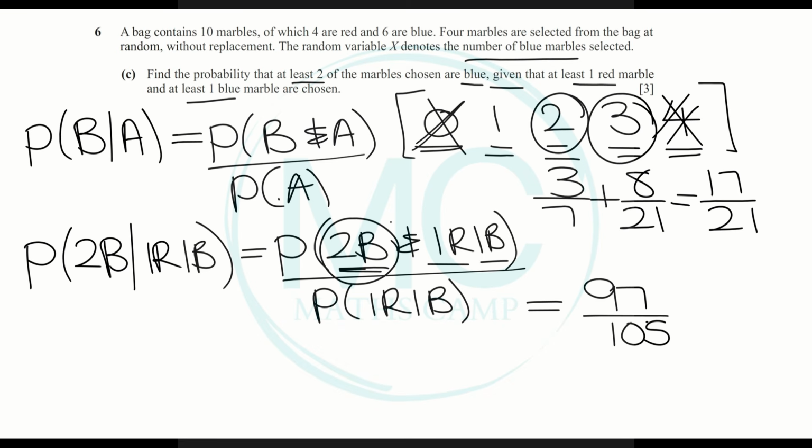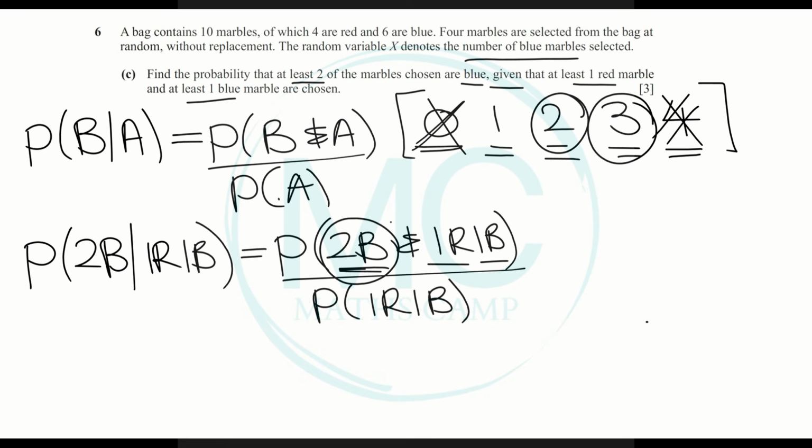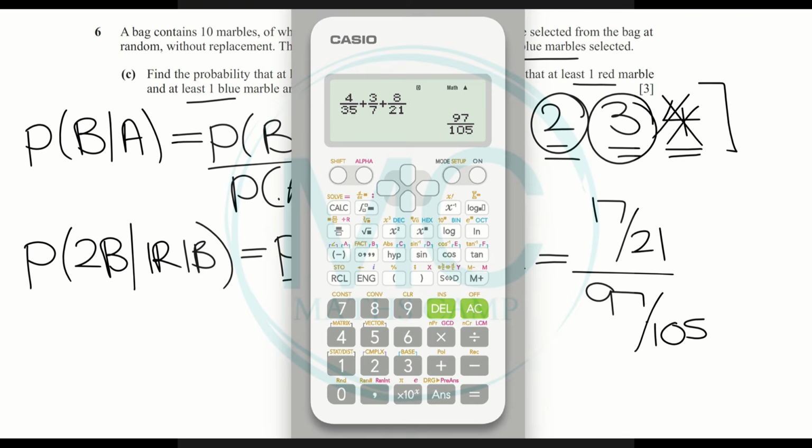Now that I have my fractions, I can fill in my answer. So I'm going to tidy this up. And now I can say that this is equal to 17 over 21 over 97 over 105. Take my calculator.